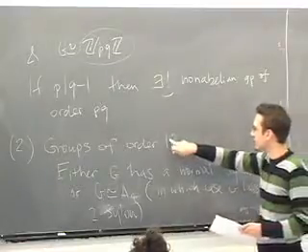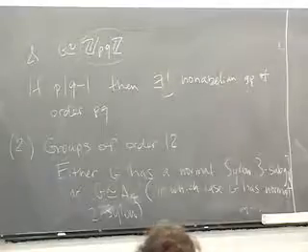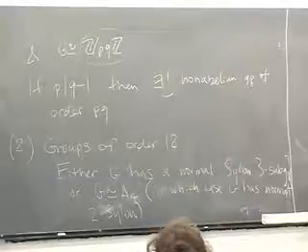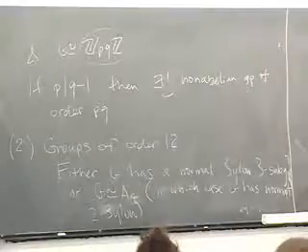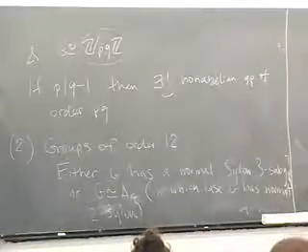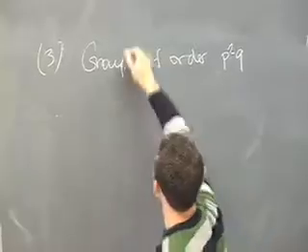this number has the shape p squared q, where p is 2 and q is 3. So let's consider more generally groups of order p squared q. I'm not going to make any assumption on the ordering yet.